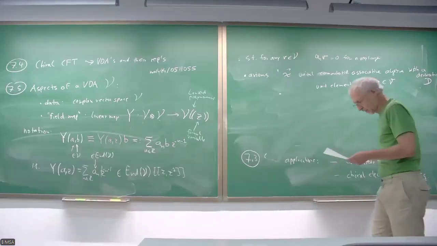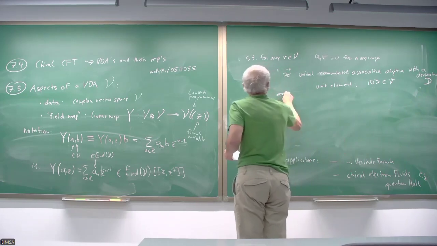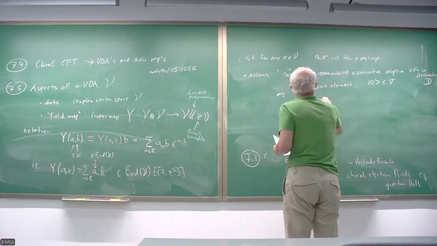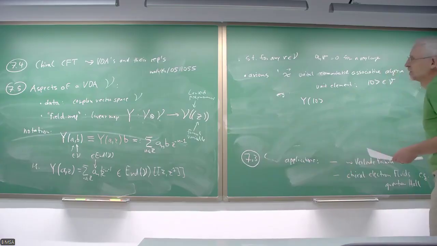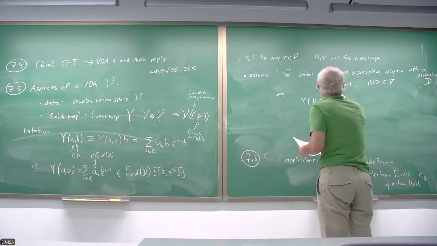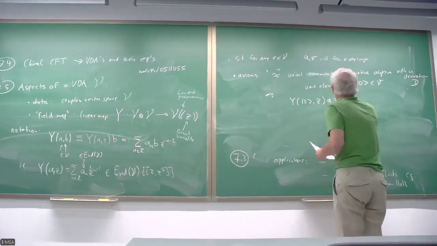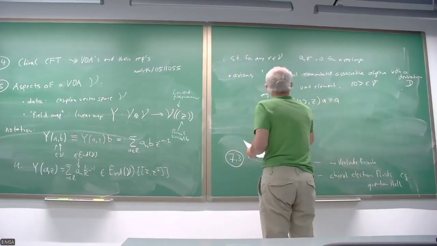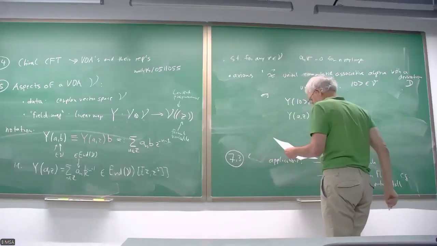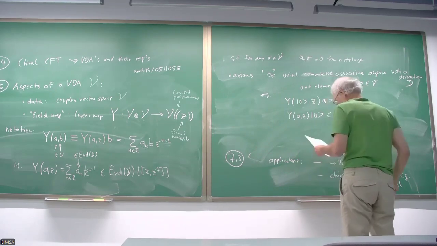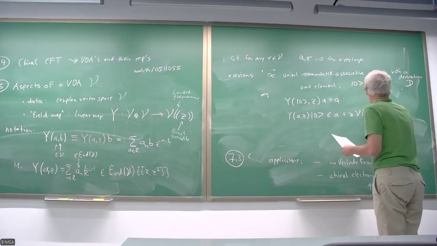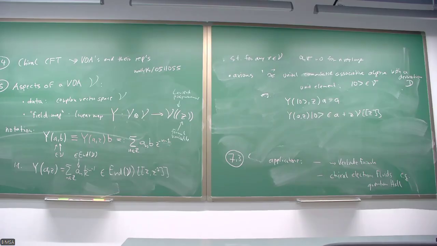And then we call the derivation D, and then the axioms include, in particular, that if I use this vertex operator, so the field map corresponding to this particular element, and apply it to any element a, I get back a. And if I apply Y of a, z to the vacuum, then I get a plus something which contains at least one power of this formal variable z.